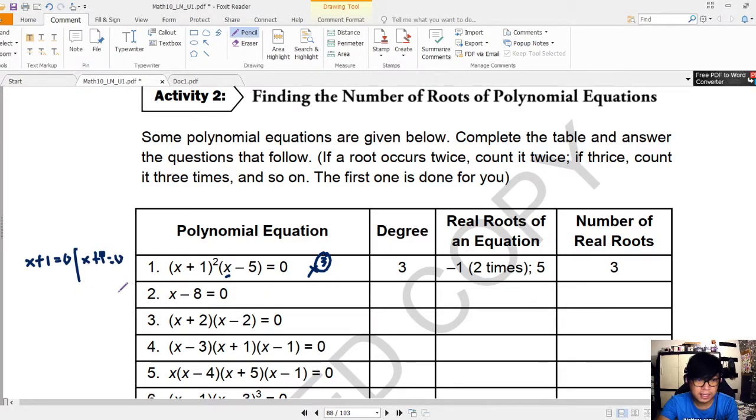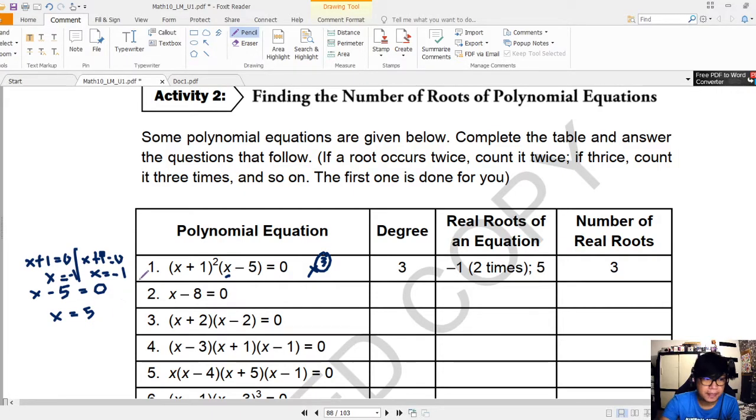And the other one is yung x minus 5 is equal to 0. So, para malaman natin yung value ng x, we will transpose yung 1 dito, diba? So, x is equal to negative 1. Isa naman is x is equal to negative 1, diba? So, x is equal to 5.